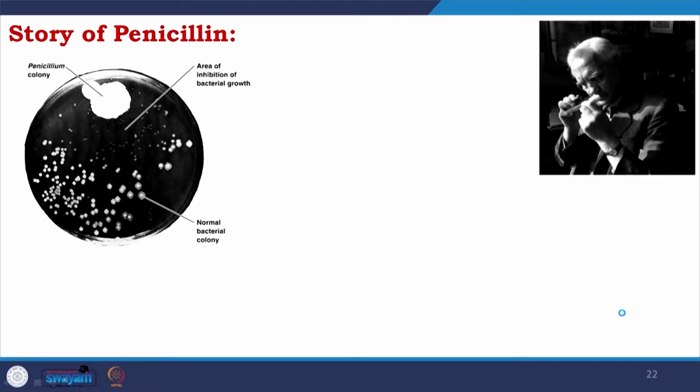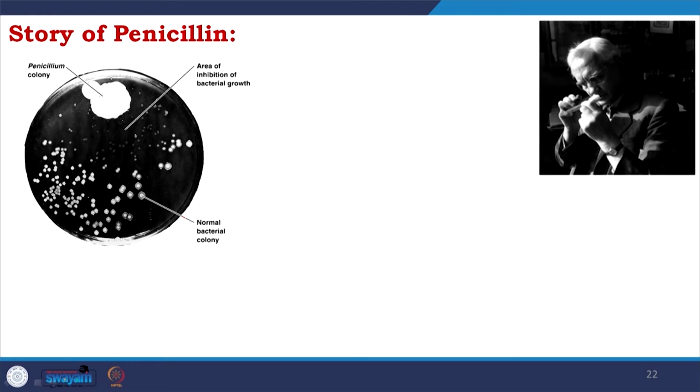He was a doctor who was working on Staphylococcus, and once he went on a vacation, you could see the plate. This is a bacterial Petri plate, where the colonies you see here, which is written normal bacterial colony, are Staphylococcus colonies, they are already grown.